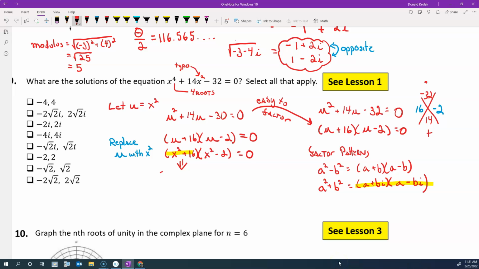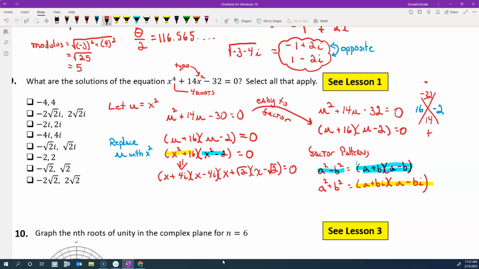So a is going to be x. b is 4. (x plus 4i)(x minus 4i). And then to factor this one, I'm going to use this pattern. And that is going to be (x plus square root of 2)(x minus root 2).